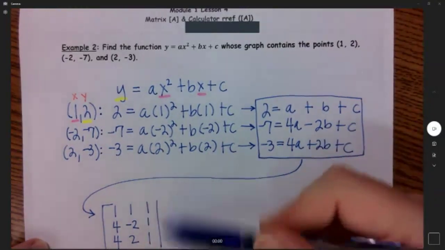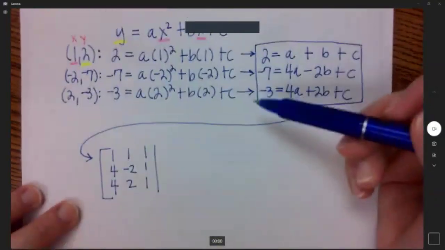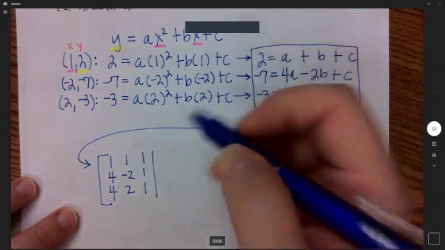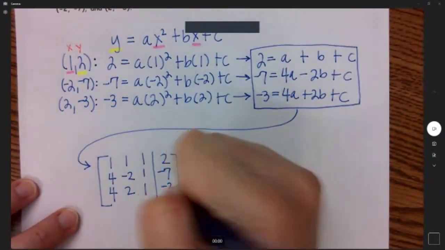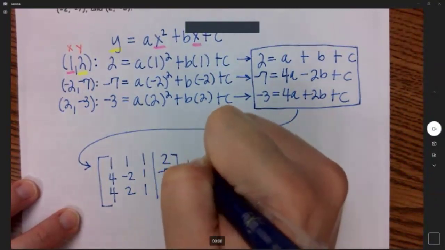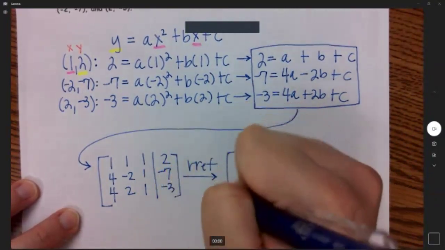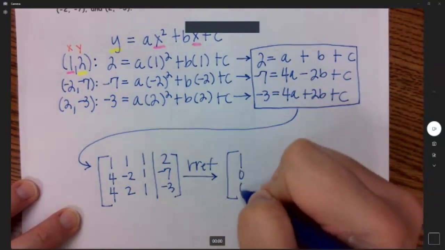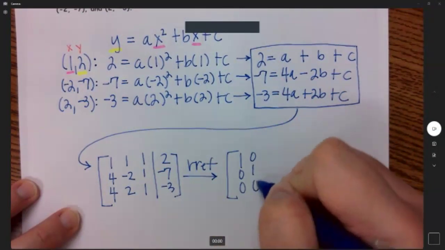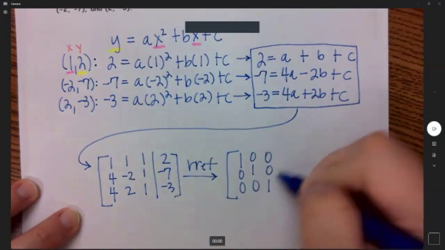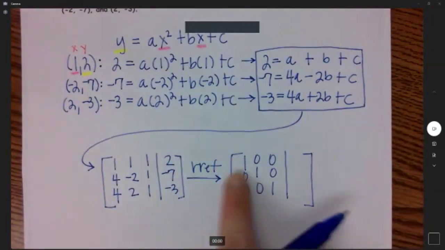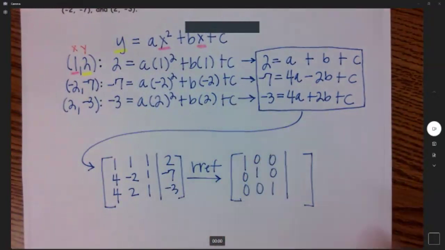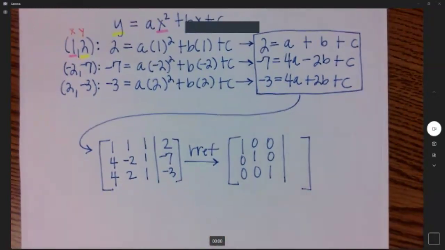And then on the other side of that equal sign, we have 2, -7, -3. rref. And we know we should get our diagonal of 1s with 0s below and 0s above. So let's see what we get right here.